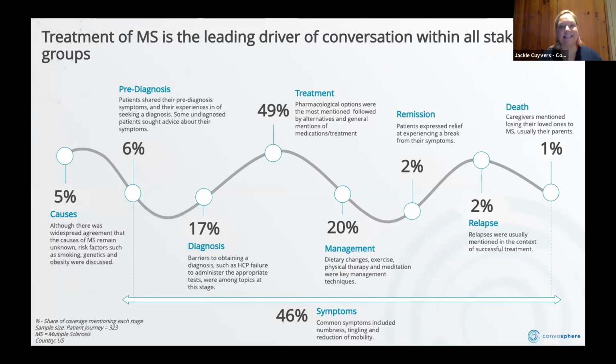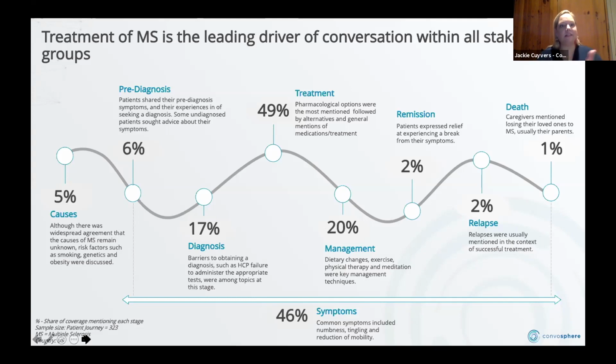In this case, the majority of the conversation is focused on the treatment phase. 49% of the conversations that we analyzed were in the treatment phase. And then there you can actually deep dive into the specific classes or categories of treatment, time since diagnosis, their emotions about the treatment options, and so forth.